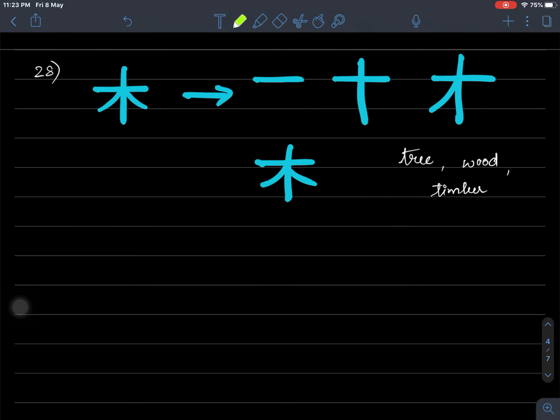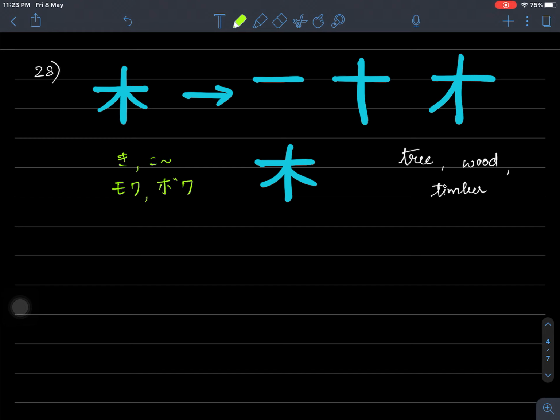Let's have a look at the onyomi and kunyomi. So this is ki, or it can be read as ko as a prefix, and then you have moku, and then you have boku.